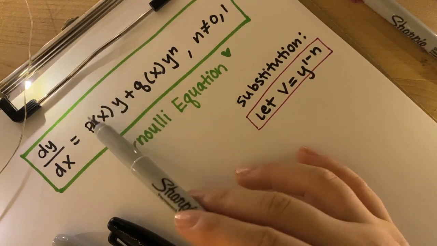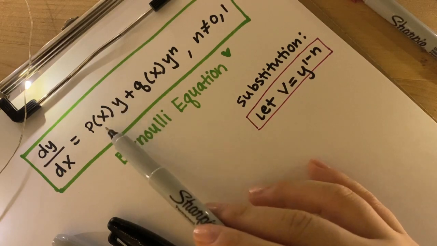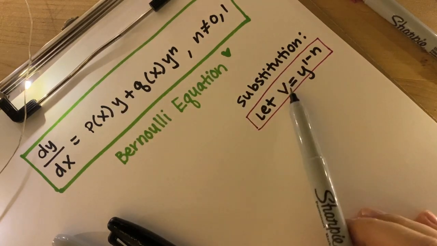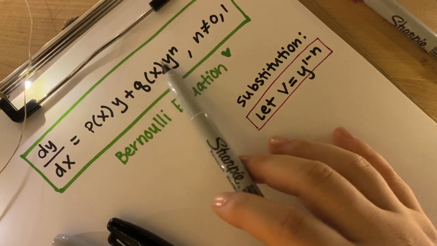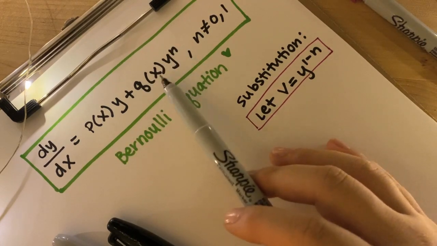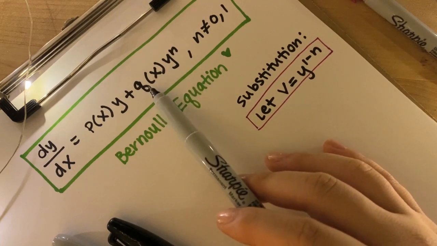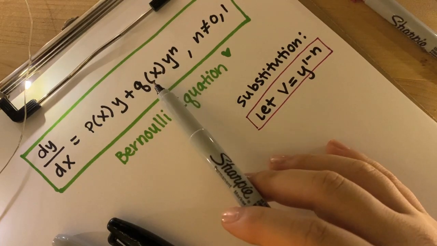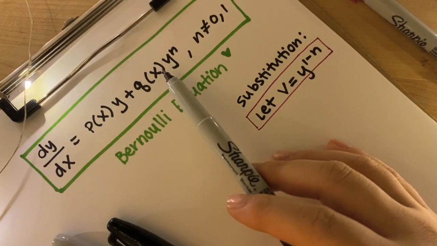So this term is going to turn into something v, which is great, and then this, dividing by y to the n, is going to make that go away, and you're just going to have a q of x, a function of x. So that's great. That's part of our linear thing.